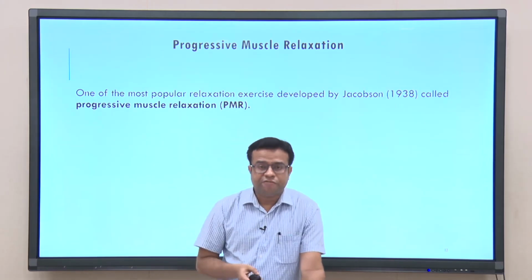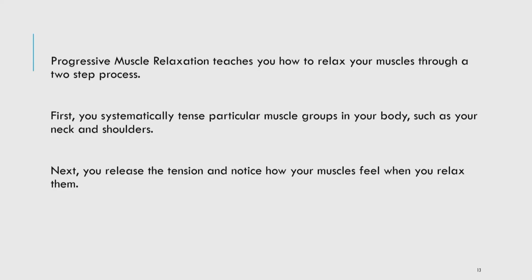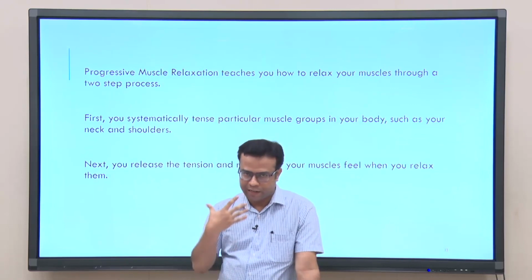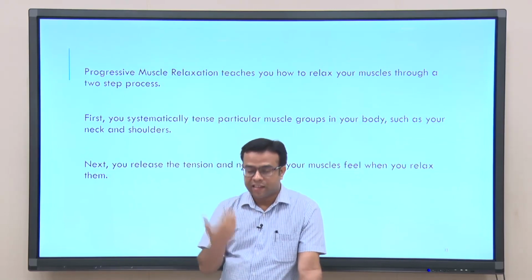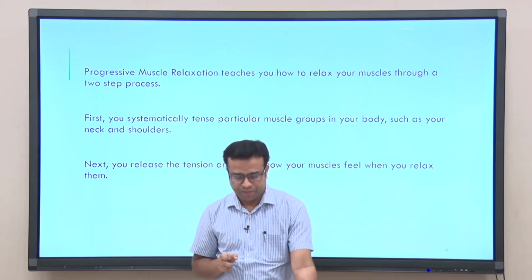So what is progressive muscle relaxation? Progressive muscle relaxation teaches us how to relax our muscles through a two-step process. It is not directly focused on the mind as such, but on relaxing the muscles of the body using two steps.